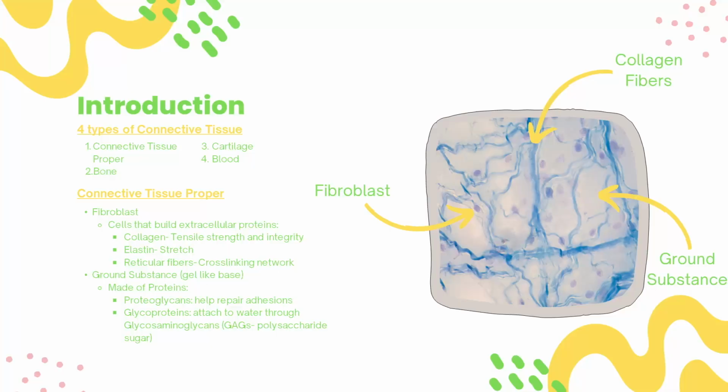Now, what is connective tissue proper? Well, it's a structure that's made out of 2 different elements. It's made of fibroblasts and it's made of ground substance. Fibroblasts themselves are protein molecules and cells that help to build collagen up. Collagen is a wave-like structure that creates integrity and holds a structure for our body tissues.